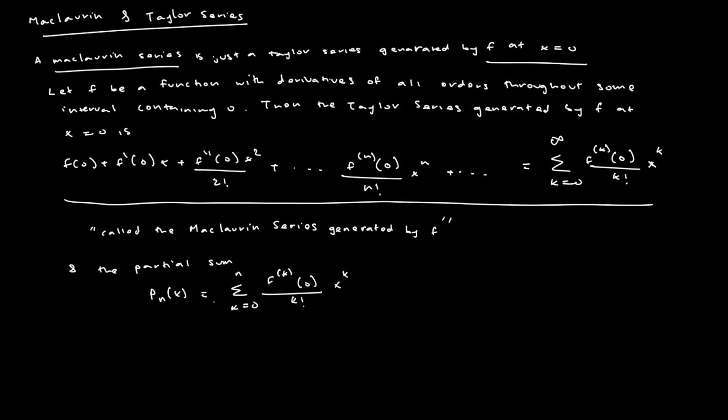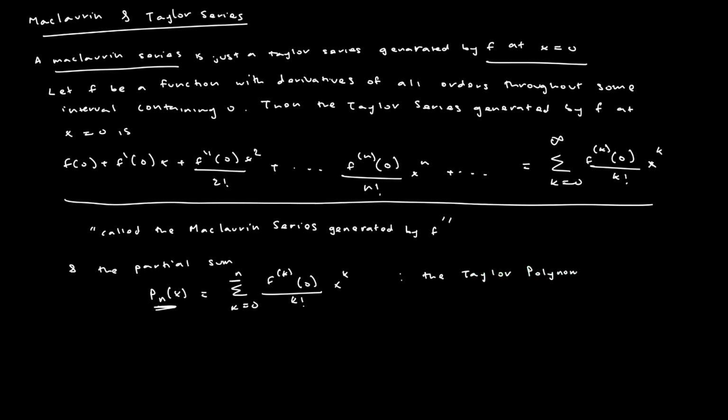So this just says that now we're cutting off at some value n, and that helps us get the nth-term Maclaurin series of f. And in other words, this is the Taylor polynomial.